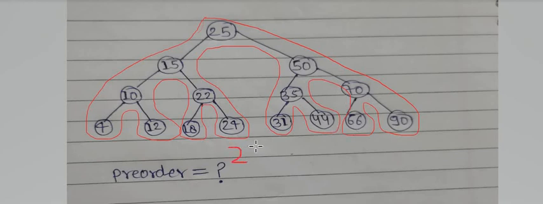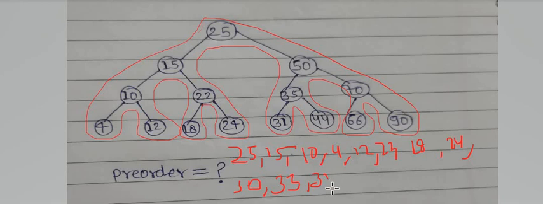So we have 25, 15, then 10, then 4, then 12, and then 22, then 18, and after that 24, after that 50, after that 35, after that 31, after that 44, and 70, and then 66, and finally 90.